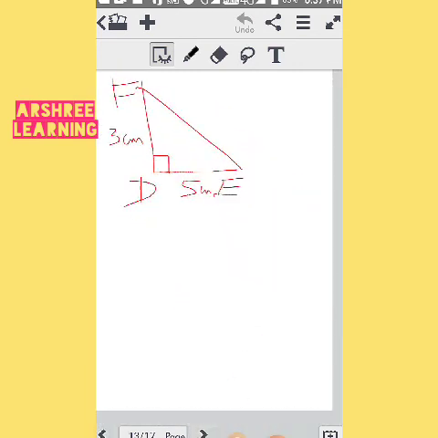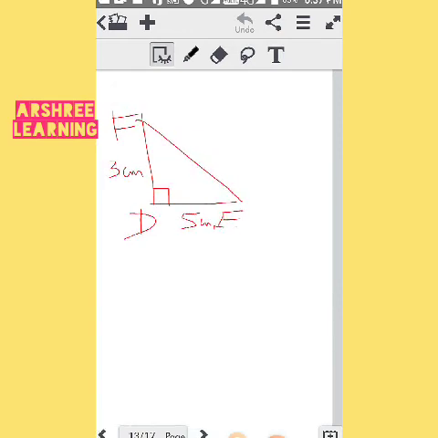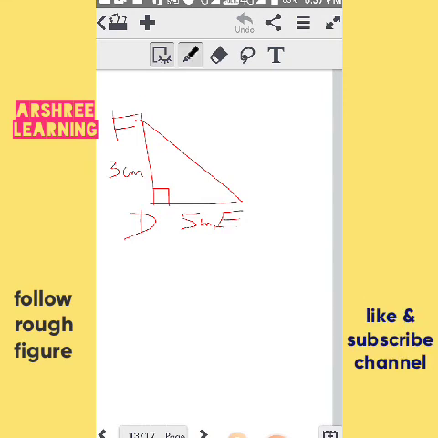In this figure DEF is there. DE is given 5, DF is given 3 and angle EDF is 90. This angle you know is 90.